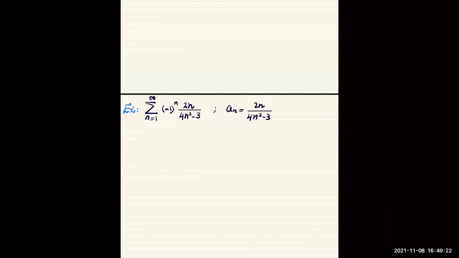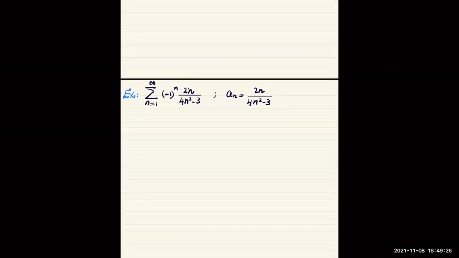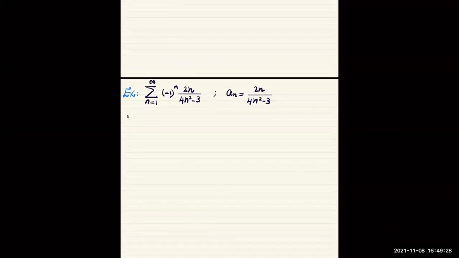You don't have to do a comparison or anything like that. You just have to check the two requirements. Number one, check the limit of a sub n, that would be the limit of 2n over 4n squared minus 3.